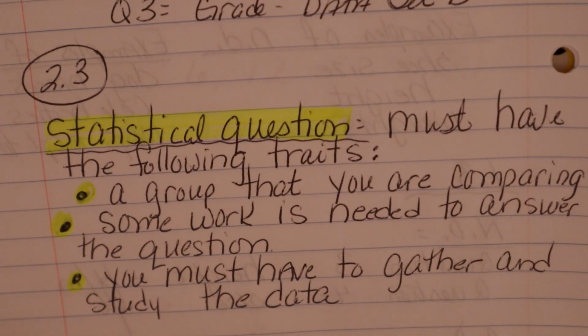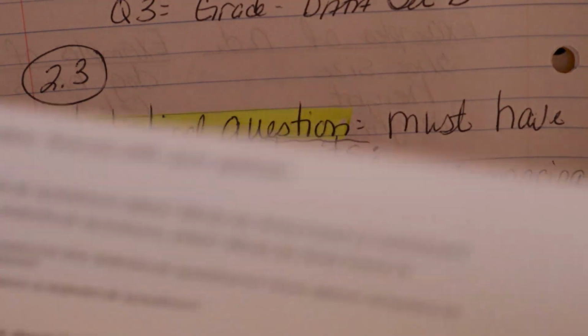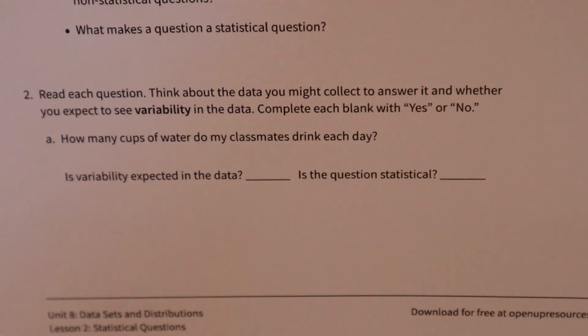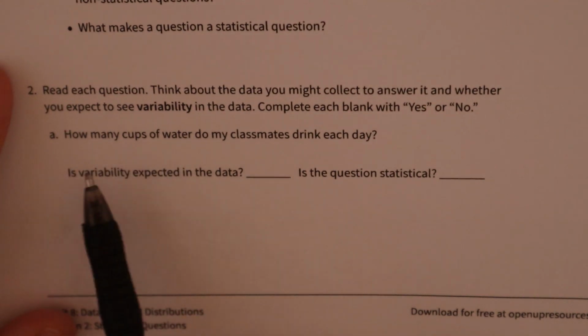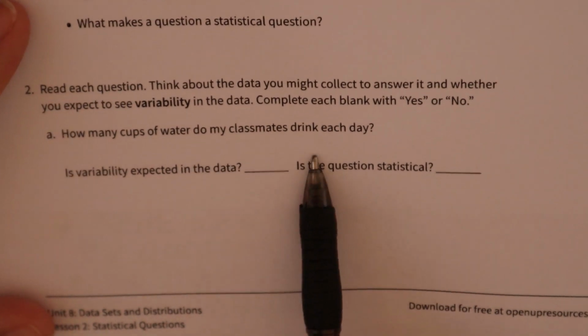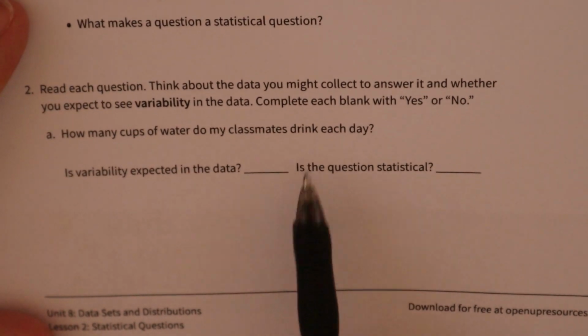Last thing I want to do with you guys before I turn you loose is go through a couple of choices of questions and see how you can do on your own here. So let's look at these with me together. How many cups of water do my classmates drink each day? Think about that.